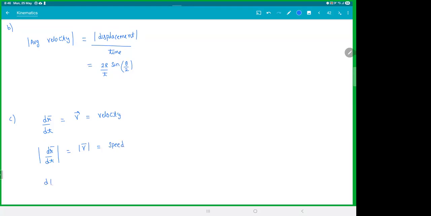What is d mod r by dt? So first of all, ask yourself, what is mod r bar? It is the length of the vector, isn't it? And you're saying differentiation of the length of the vector. So this is not speed. D mod r by dt is not speed. This is the rate of change of magnitude of the position vector.